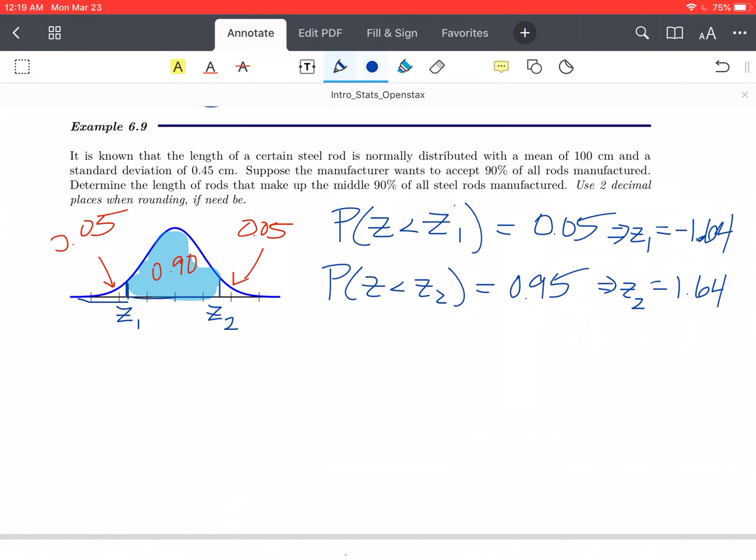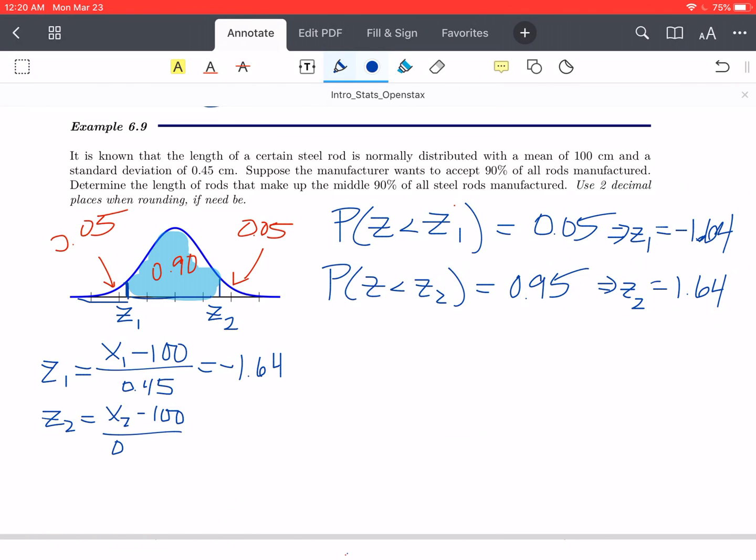So to find the actual lengths of the rods, we just do the same thing we did last time. We say z1 equals x1 minus the mean of 100 over standard deviation of 0.45 equals negative 1.64, and z2 is x2 minus 100 over 0.45 equals positive 1.64.